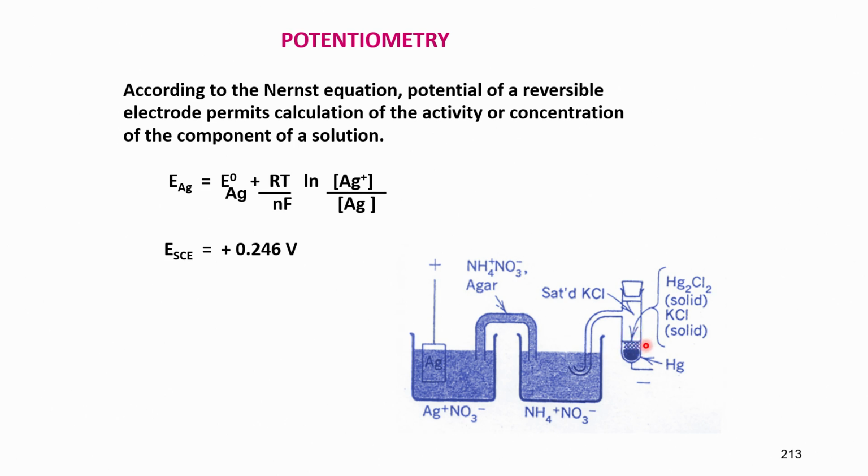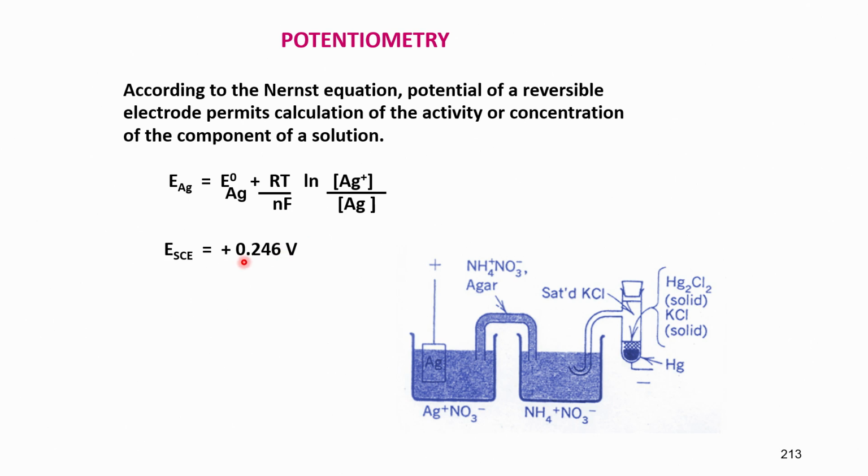It is mercury here at the bottom, and above mercury I have a small quantity of mercurous chloride, that is Hg2Cl2, and above that I have a saturated potassium chloride solution. This is filled with saturated chloride solution, and that is dipped here. So, the electrons can be in contact. Here I have an external connection. So, this is plus, this is minus.